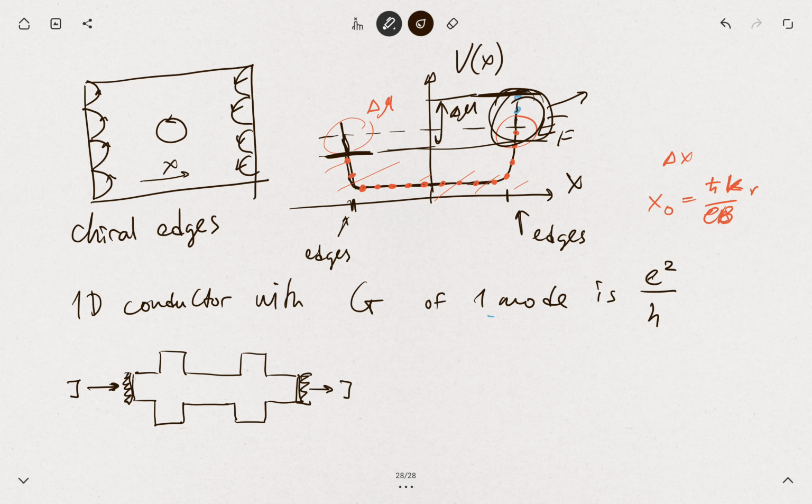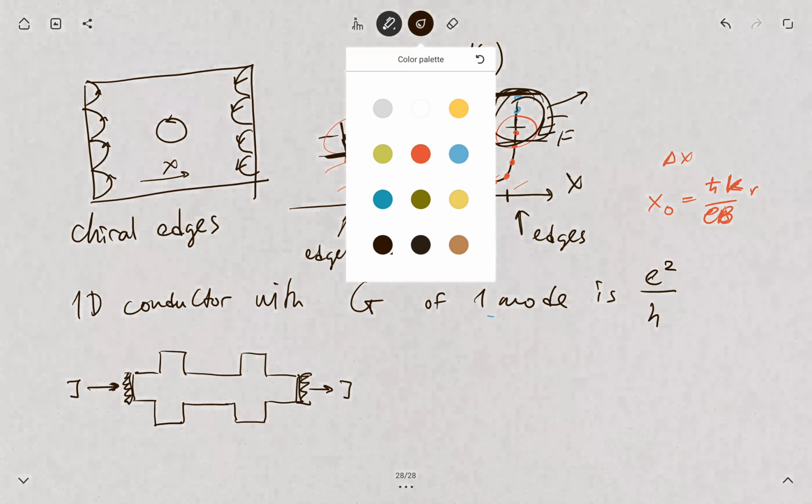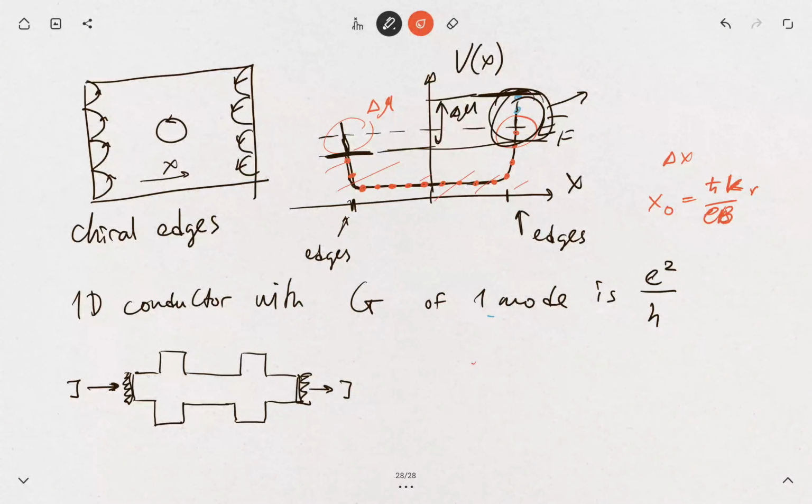If the bulk is insulating, so the bulk is excluded from transport, we only consider the edge modes, and I'll use a different color here. So the mode starts to propagate on this side, and it keeps going all the way here, and it propagates in this direction.